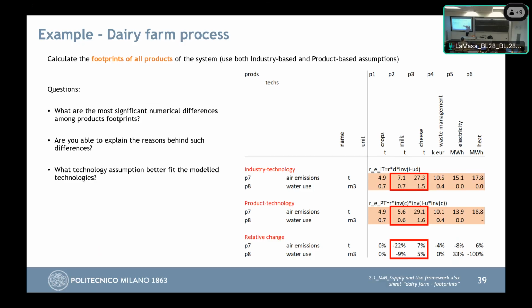Then there are some questions. What are the most significant numerical differences among products' footprints? You're supposed to look at the numbers, get the numerical differences and identify the hotspots. Then, are you able to explain the reason behind such differences? So you have to rehearse the meaning of industry-based and product-based technology assumption, and then which technology assumption better fits the model technology.